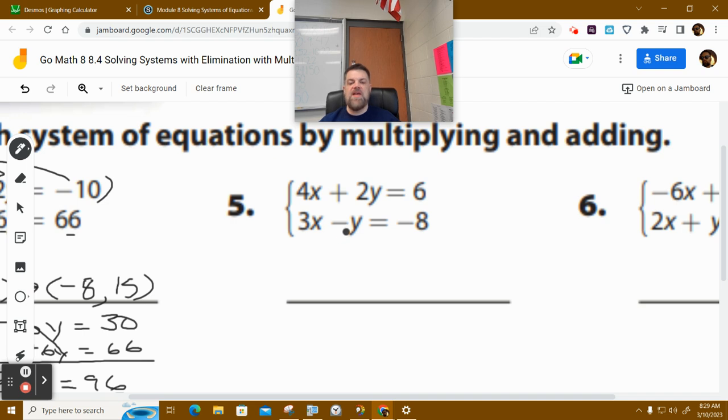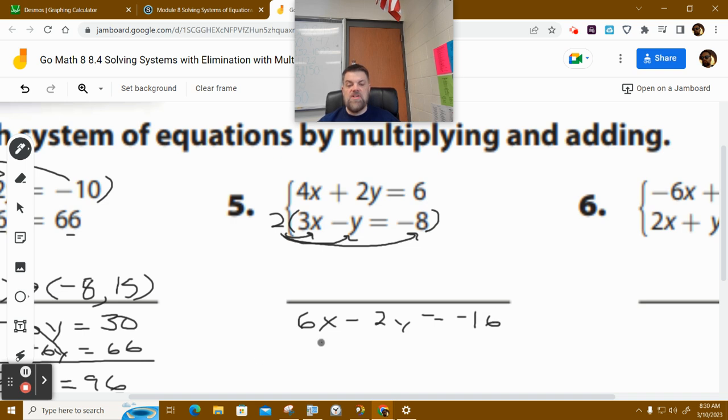So how do I make the y's have opposites? This one's a positive 2y. This is already negative. Is there a way I can make this negative 2y? Yeah. Multiply by 2. Regular old 2, right? So this second equation becomes 6x, I'm going to distribute this through, minus 2y, right? 2 times negative y is equal to 2 times negative 8, which is negative 16.